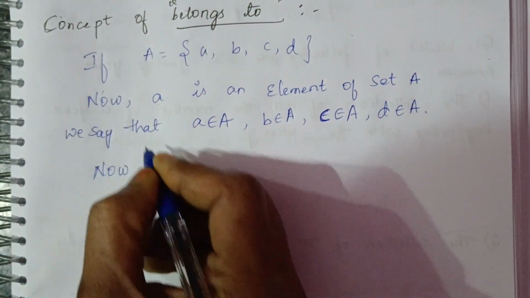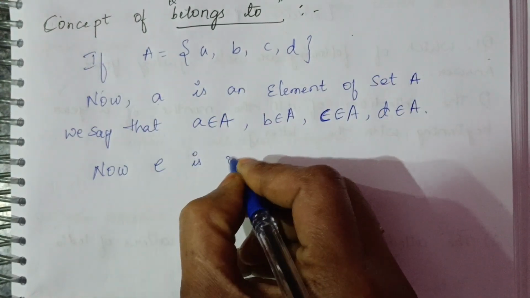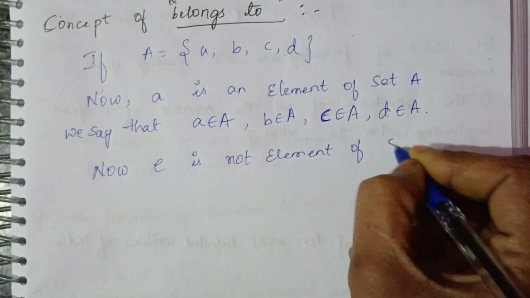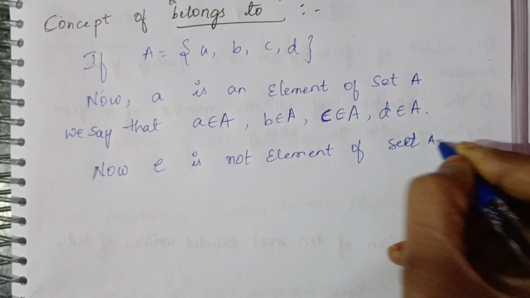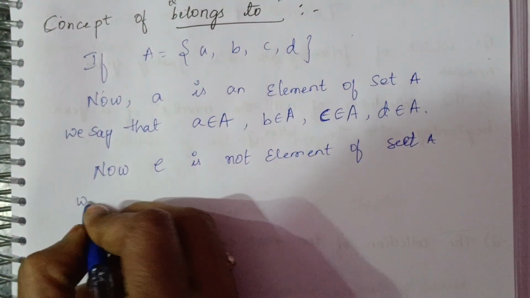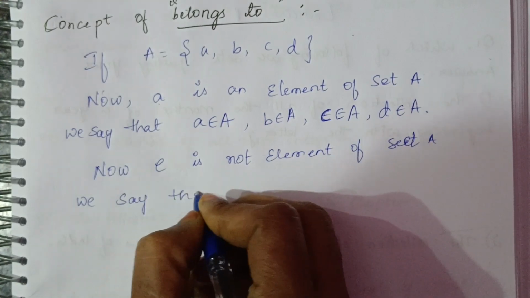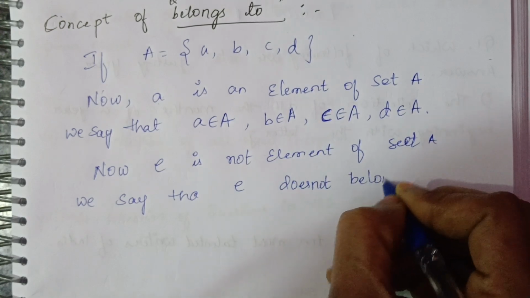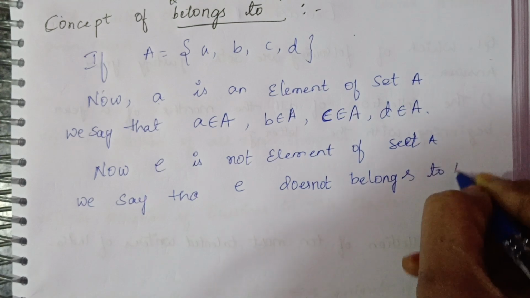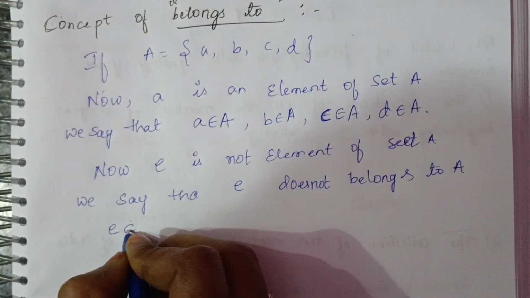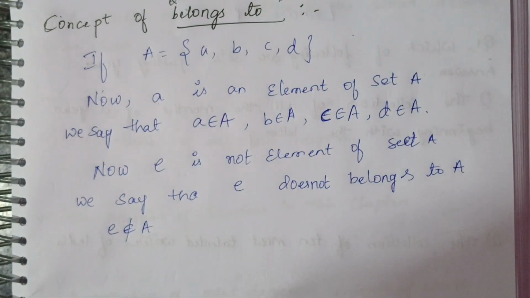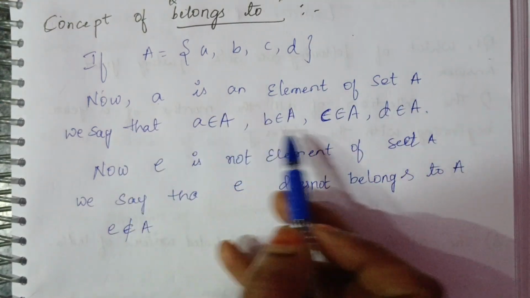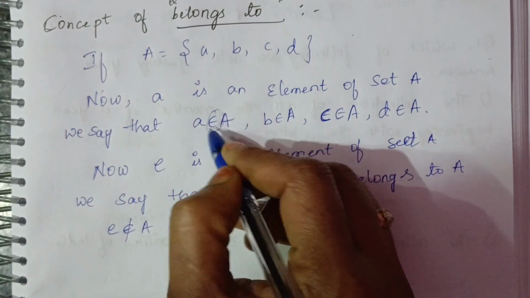Now if we take E, which is not an element of set A, this we say that E does not belong to set A. We will write it as E does not belong to set A. See here, if A is an element of set A, we say that A belongs to A. This symbol we read as belongs to.